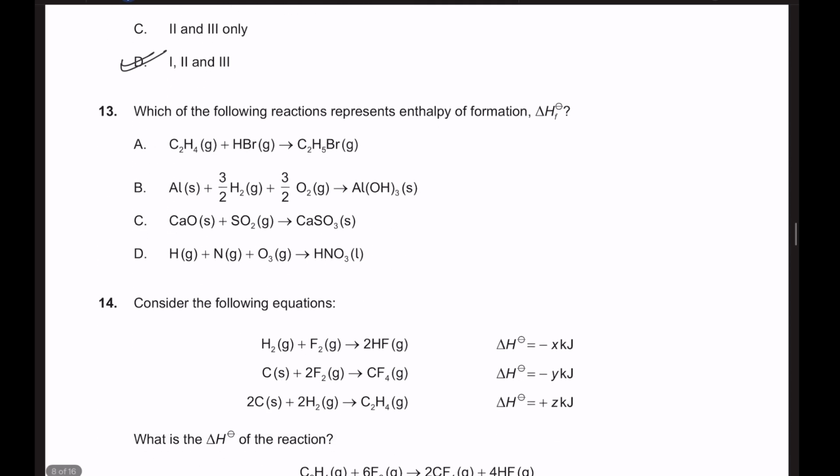Now for the next one: which of the following reactions represent enthalpy of formation? In enthalpy of formation, 1 mole of product should be formed from elements in their standard states.